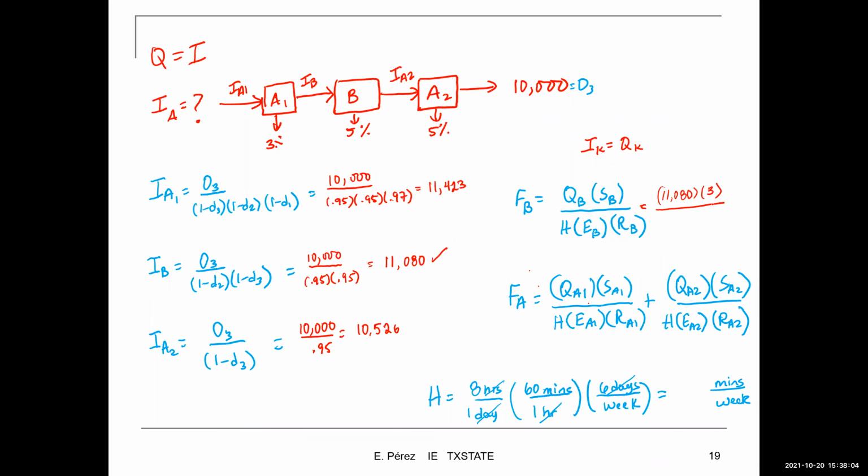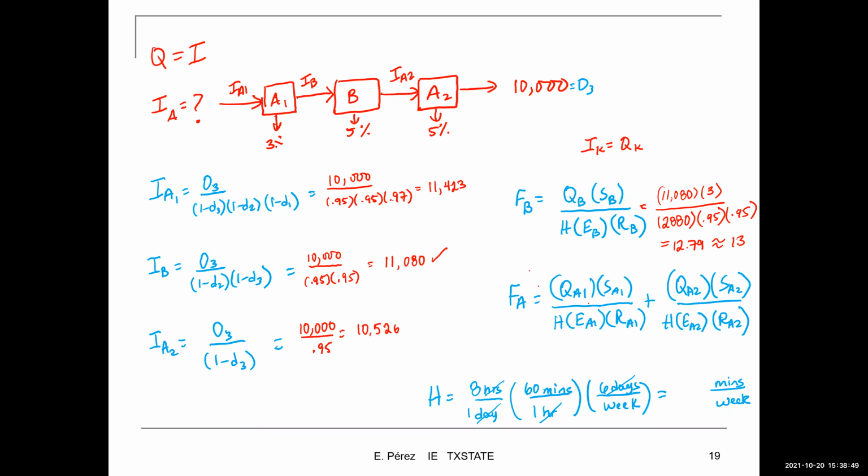H, we computed H as 2,880 minutes. And then the efficiency was 0.95 and the reliability was 0.95. So for station B, we end up having 12.79 machines, which we round up to get the 13.